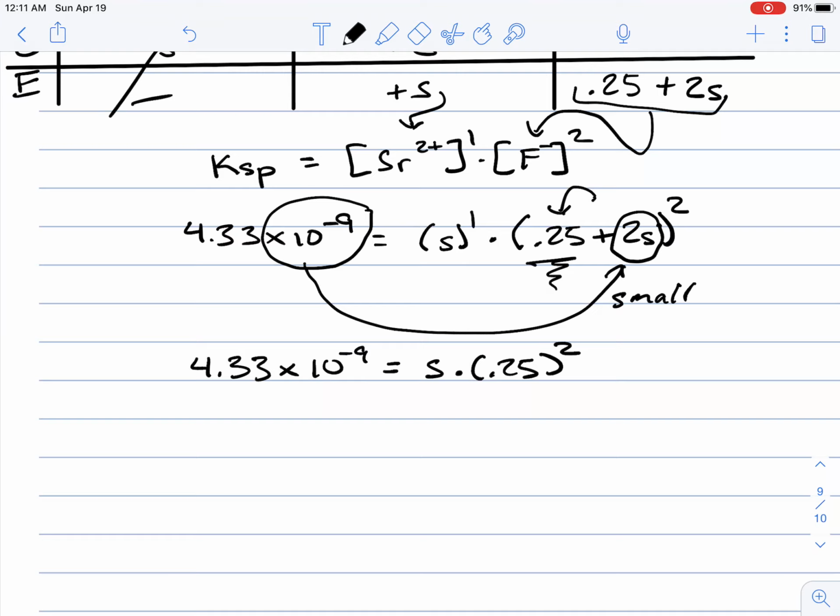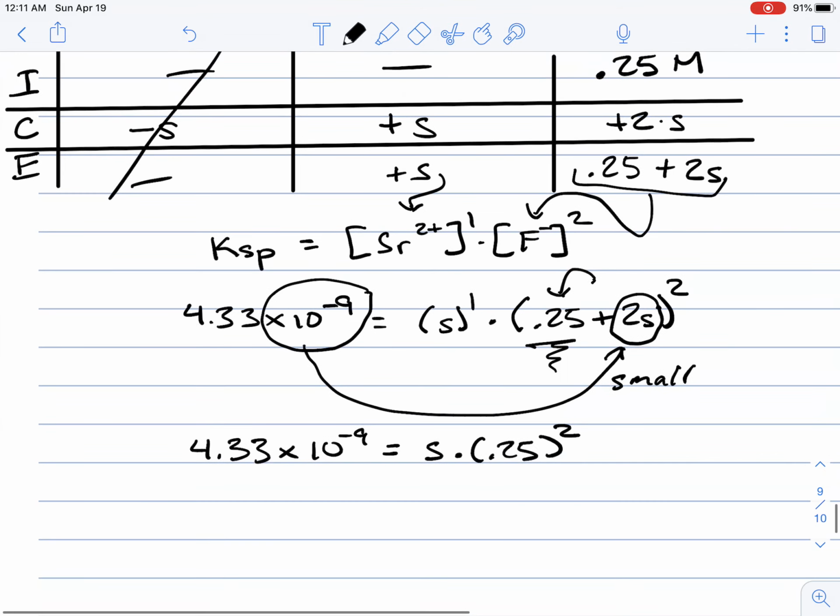All right? So it's very similar to all of the other equilibrium problems that you have done. The only difference between this and another is that we're not ignoring the x in our denominator. We're ignoring the s, which is the x really, that's found in the numerator.